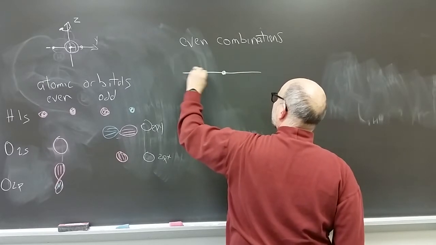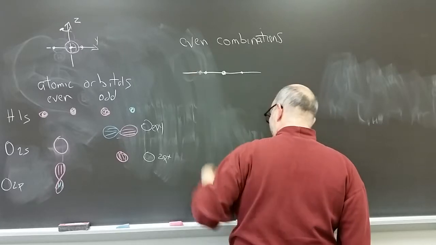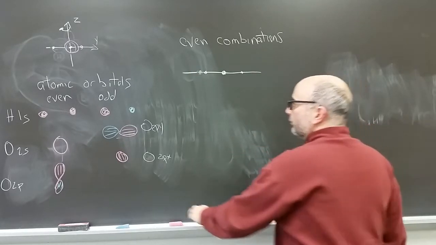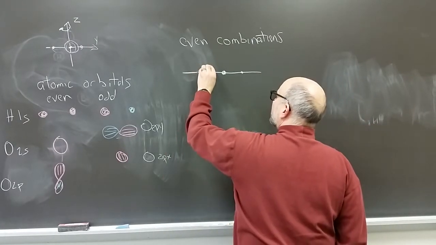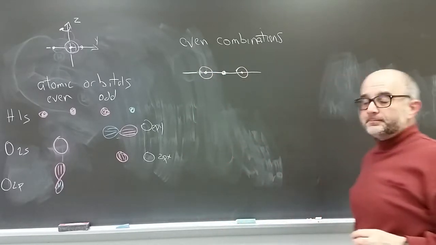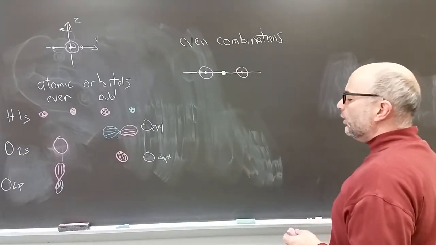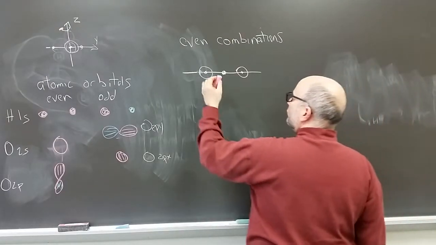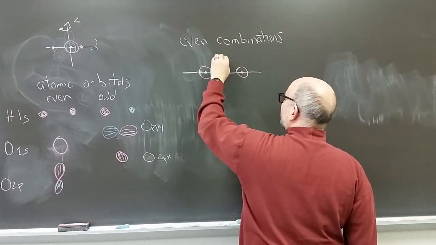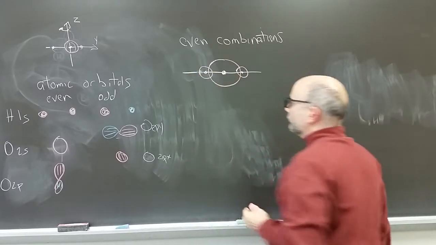Here's the oxygen, and there are the hydrogens. So let's start with our even hydrogen configuration, like that. And let's say we could mix that with the oxygen 2s orbital, which is the other even one. So that's just basically going to be a larger circle.